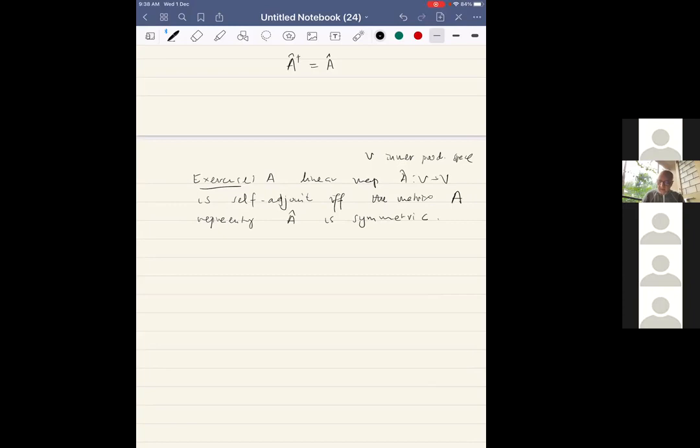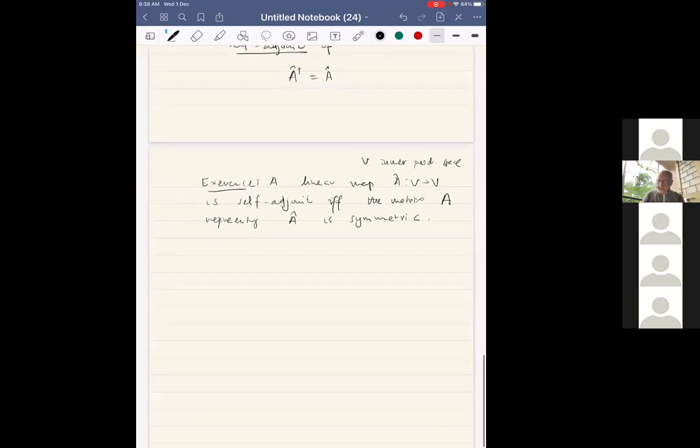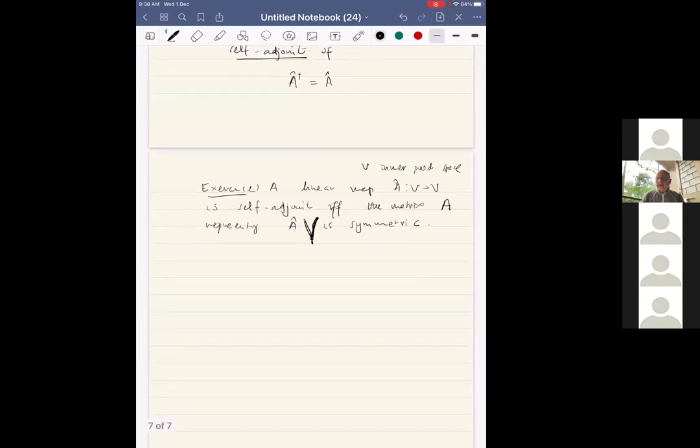Now, as written, this doesn't make sense because the matrix A representing A hat depends on a choice of basis. So I cannot allow an arbitrary basis. It must be with respect to an orthonormal basis.